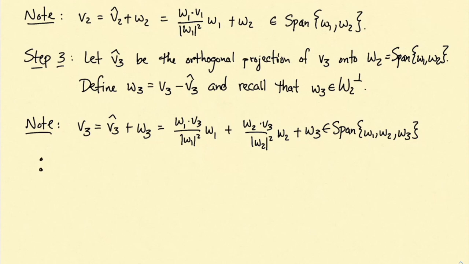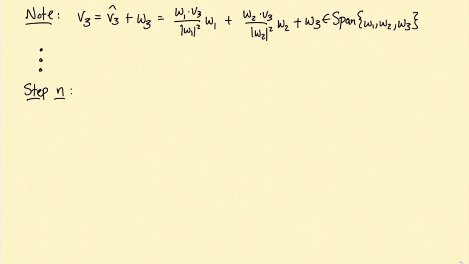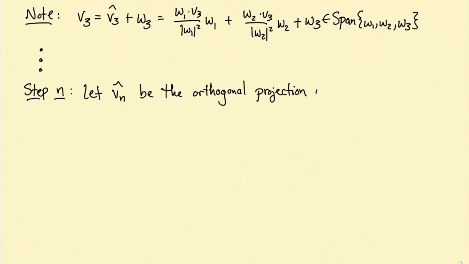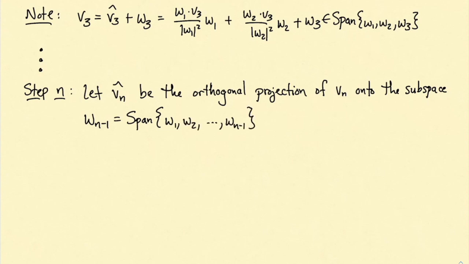Now we continue this process until we get to step n. At step n, we have created n minus 1 vectors, W1, W2, all the way down to W(n-1). So we take Vn and project it onto the subspace spanned by the vectors we have created from the previous steps. We let Vn hat be the orthogonal projection of Vn onto the subspace spanned by W1 through W(n-1).